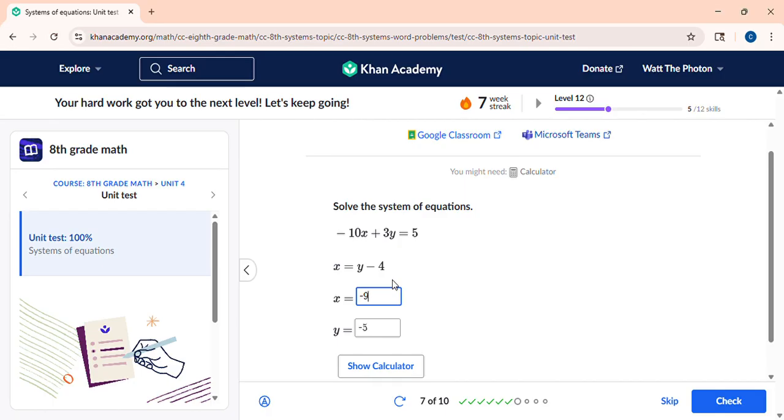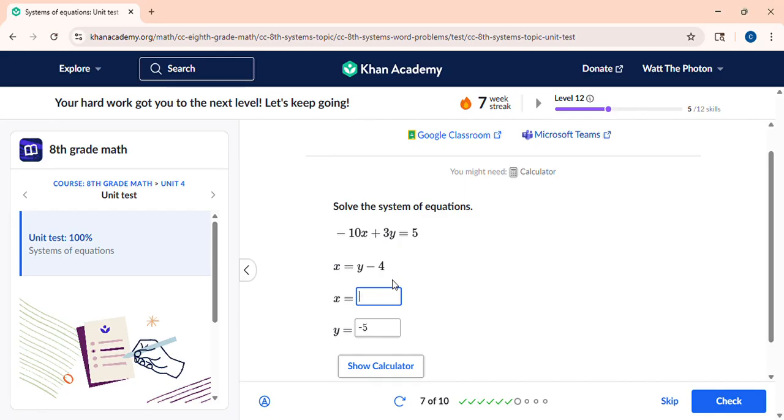That doesn't math. It's probably positive 5.